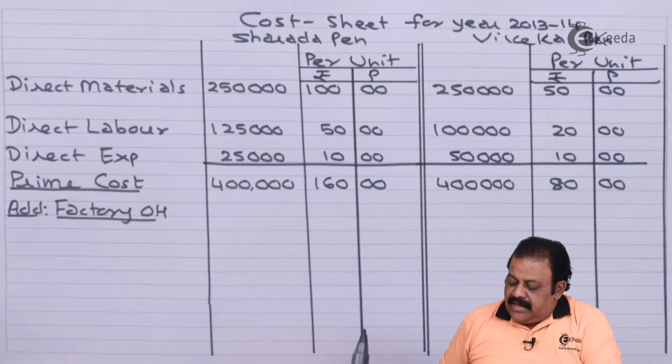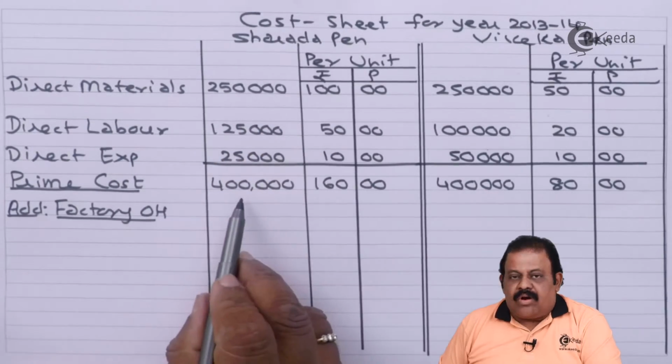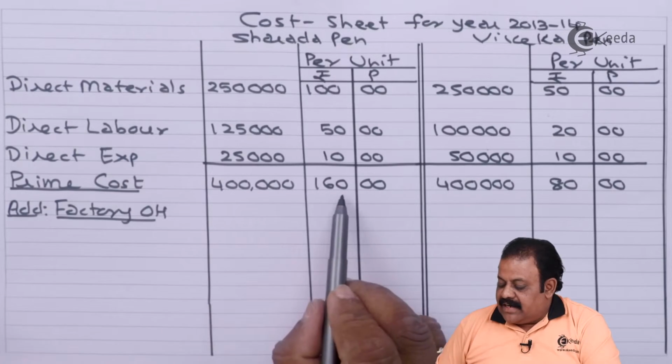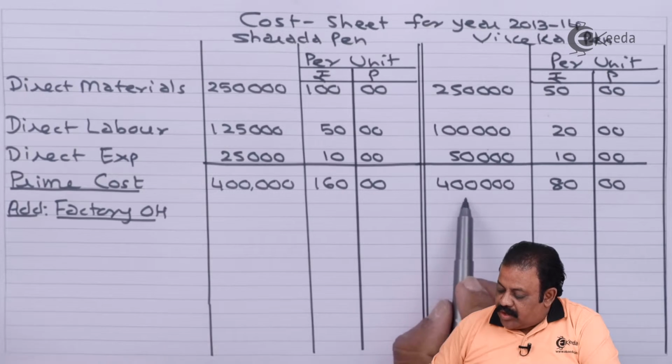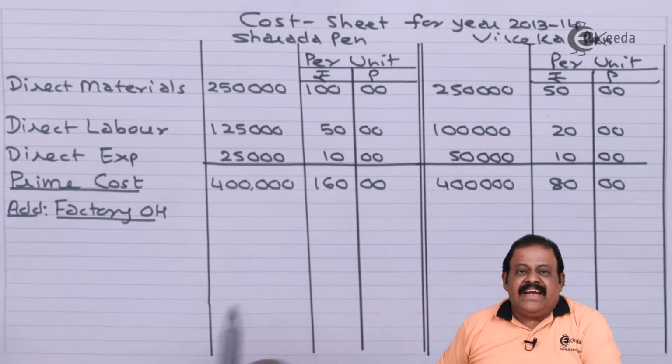Prime cost in case of Sharada pen 4 lakhs, per unit it is 160 rupees. In case of Vivek pen it is 4 lakh, per unit it is rupees 80.